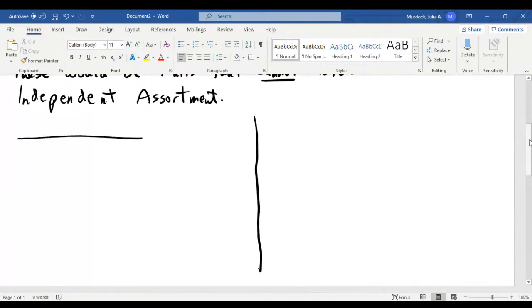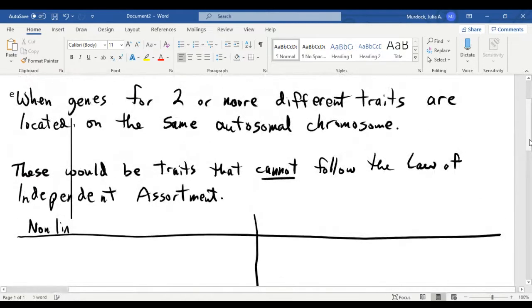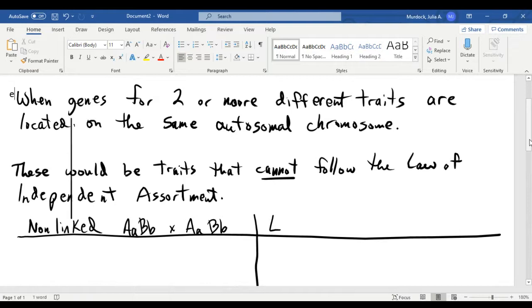On one side of the screen, I'm going to show you an example of a non-linked dihybrid cross. And over here, I'm going to show you a linked dihybrid cross.